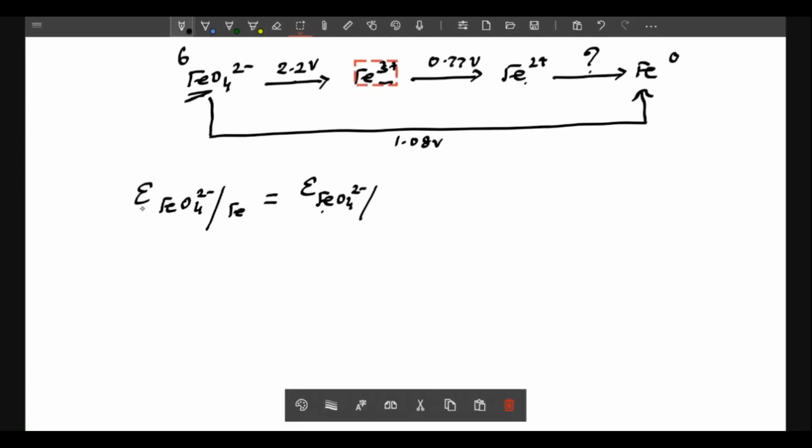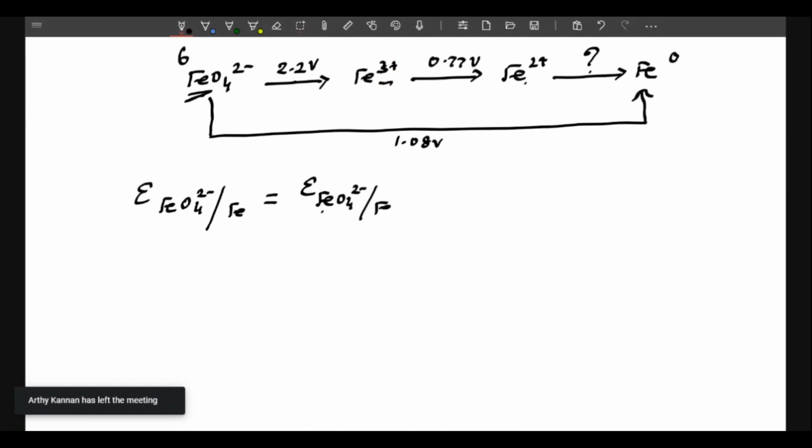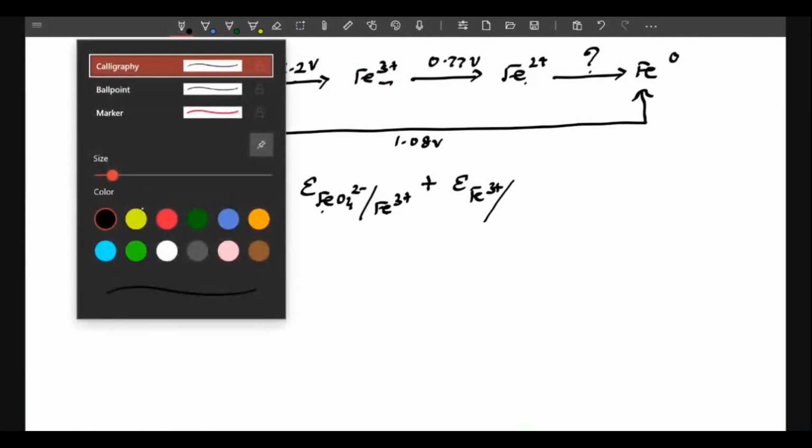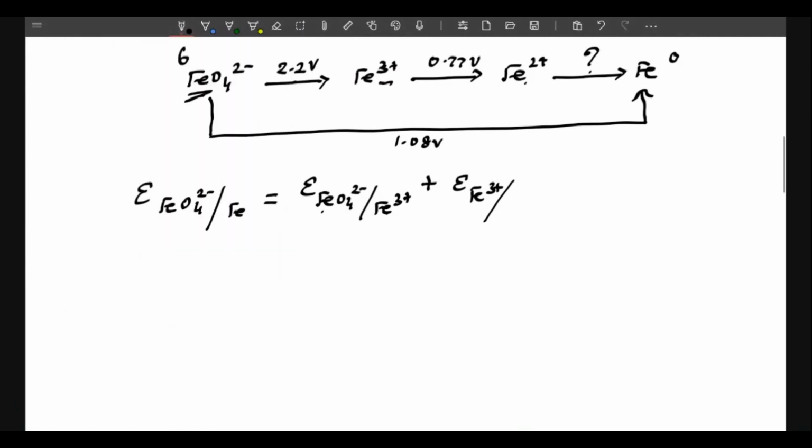Therefore, I am writing Fe3 plus. Below, the iron 3 plus should be cancelled, so I am writing it with a bar on the upper side, and next to iron 3 plus is iron 2 plus, so below you write Fe2 plus. Then the lower Fe2 plus should be cancelled, and the next oxidation state is 0.